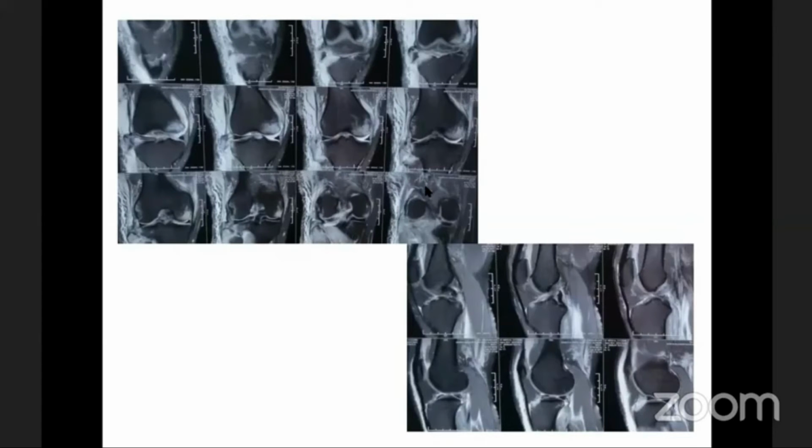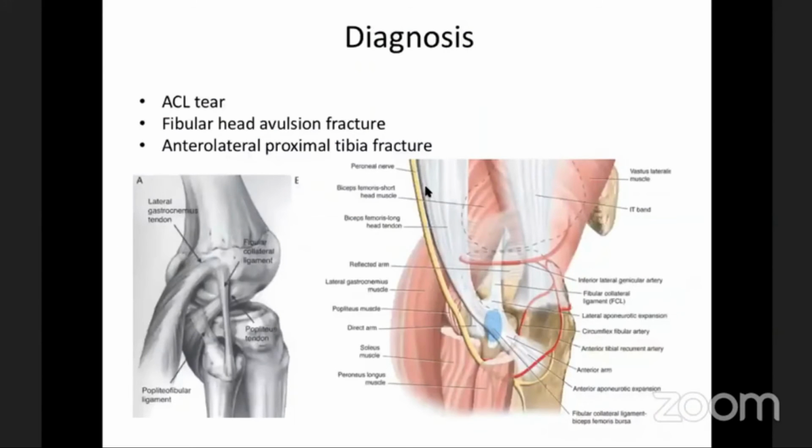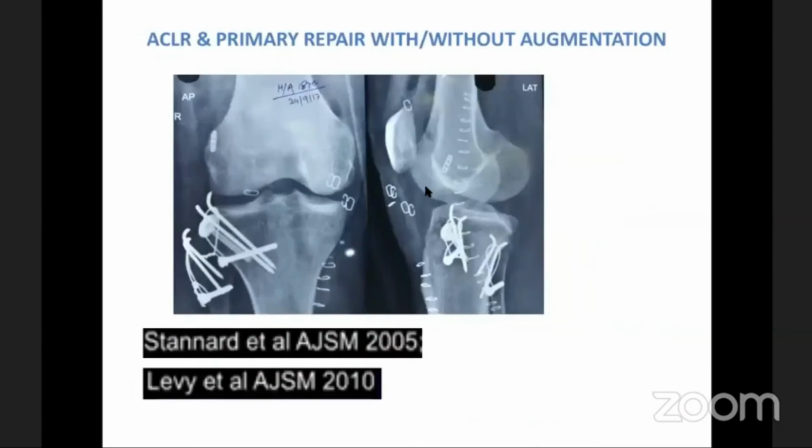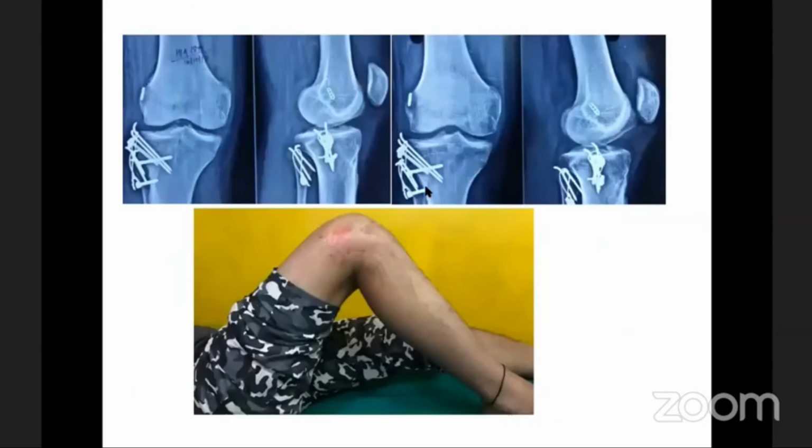At the same time, you can reconstruct the ACL also. So the reconstruction of your ACL along with repair of your avulsed collaterals. This is after 1 month.